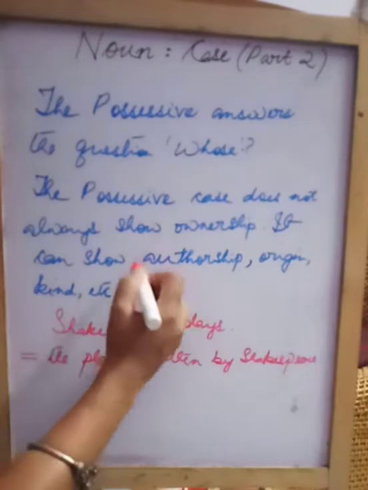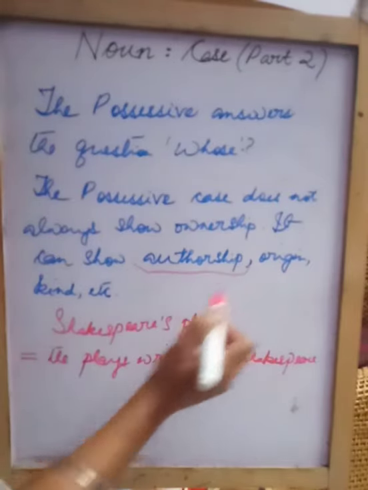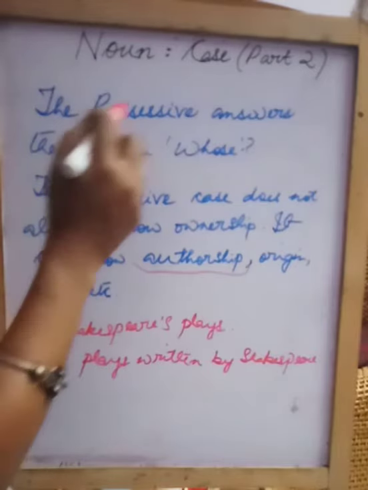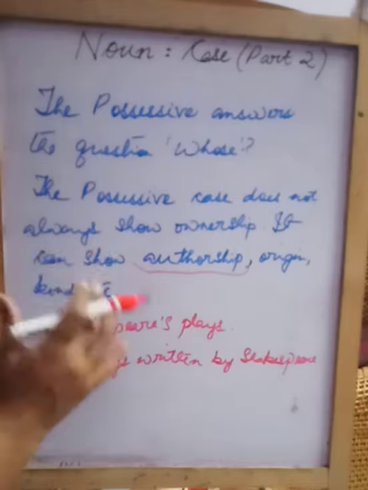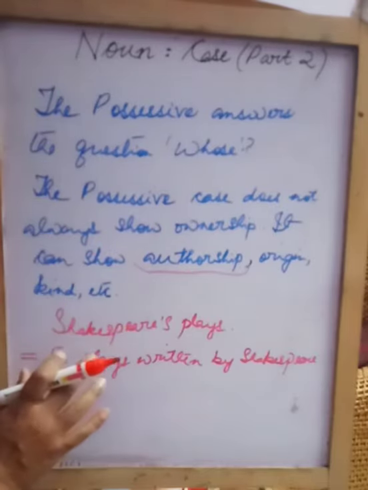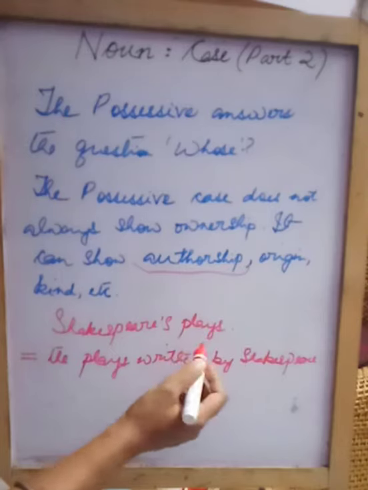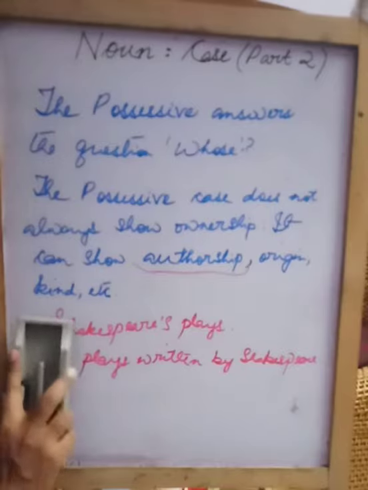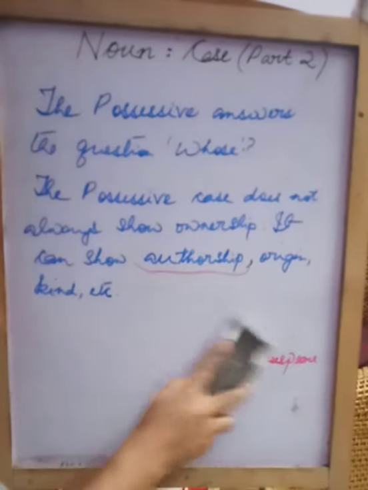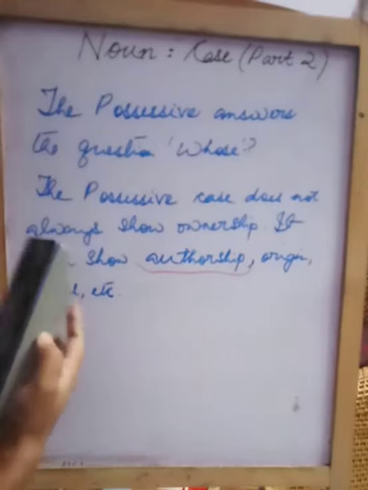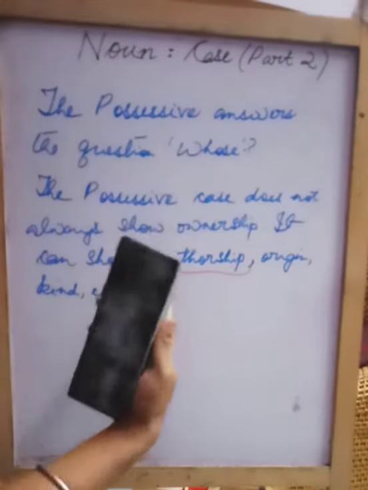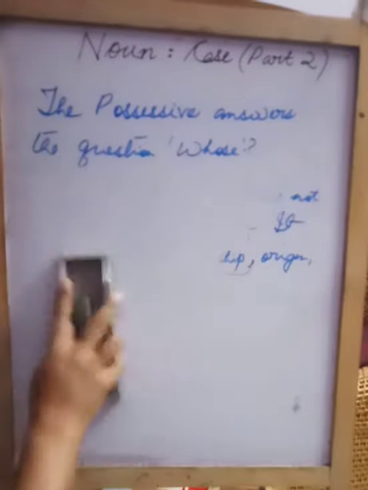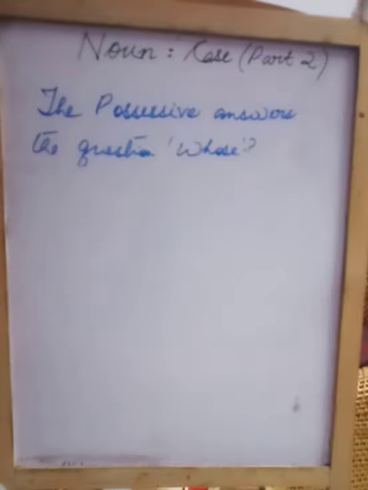It shows authorship. Shakespeare's plays means the plays that were written by Shakespeare. When I say Ram's umbrella, it is a material which belongs to Ram. But plays are not a material. When we say Shakespeare's plays, it shows authorship, that is, the plays written by Shakespeare. So just remember what else it can be, apart from ownership: authorship, origin, kind. Some more examples will explain it better.